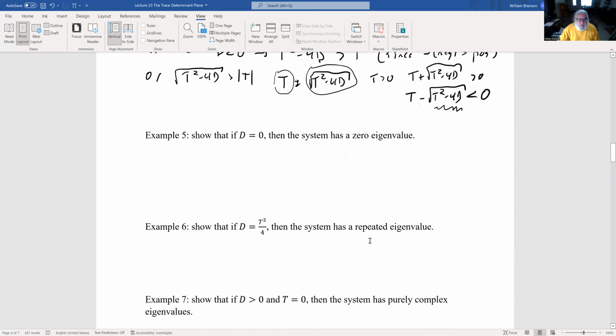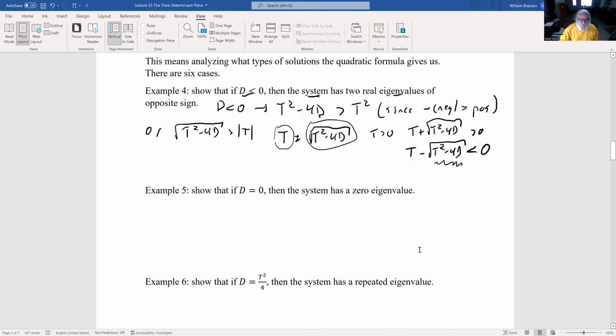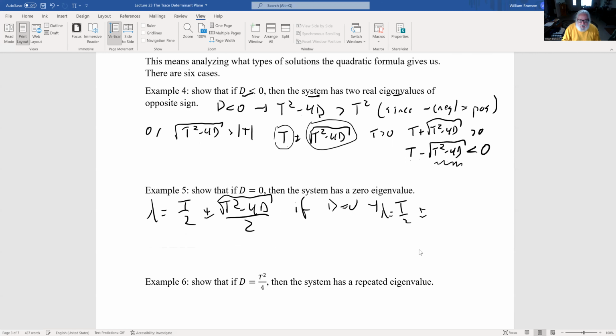So what other possibilities can the quadratic equation have? So again, lambda equals t over 2 plus or minus the square root of t squared minus 4d, all over 2. If d equals 0, this becomes lambda equals t over 2 plus or minus the square root of t squared over 2.